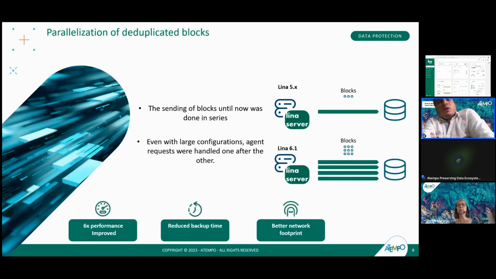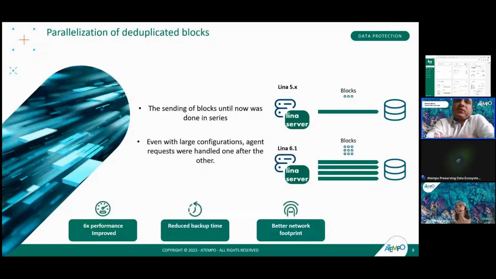We did the comparison between Lina 5 and Lina 6.1. And compared to Lina 5.3, backup time was reduced by 6 with this 6.1. So really a big improvement in terms of backup time and performances.